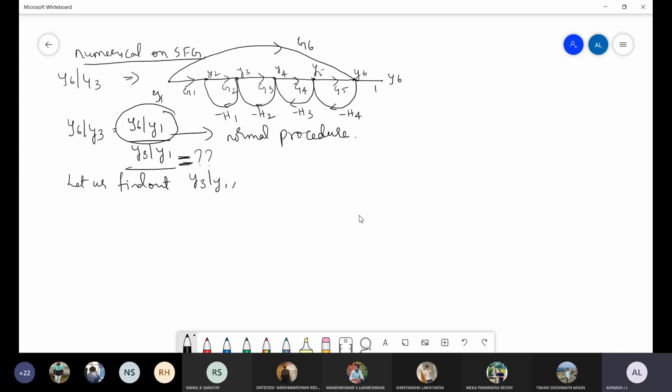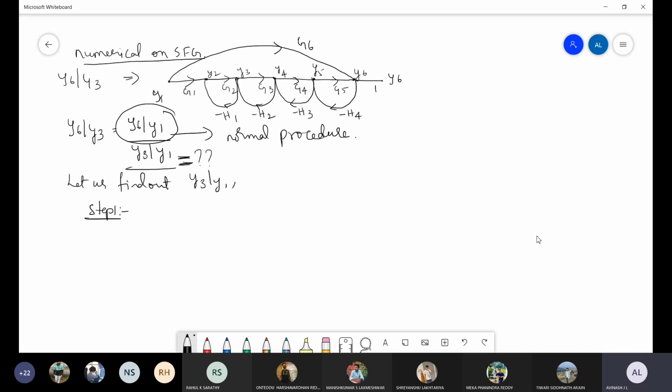Step 1 is saying: how many forward paths are available from y1 to y3, from the starting to the y3 point.